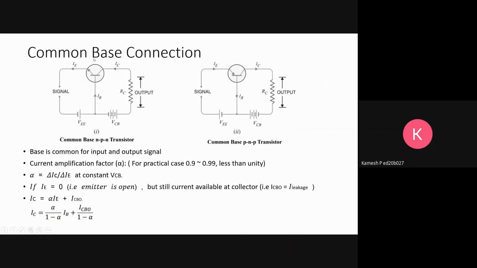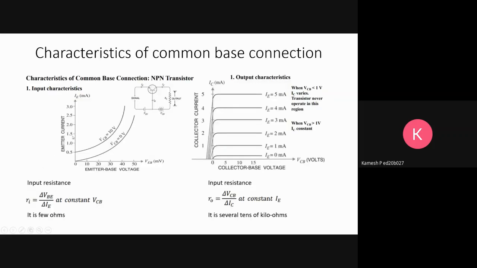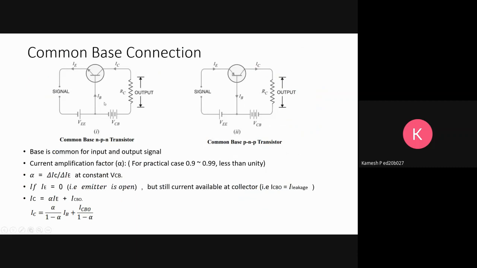Next we are moving on to common base connection. Here you can see that the base is common for input as well as output signal. The current amplification factor is alpha, which in practical cases is 0.9 to 0.99, always less than unity.